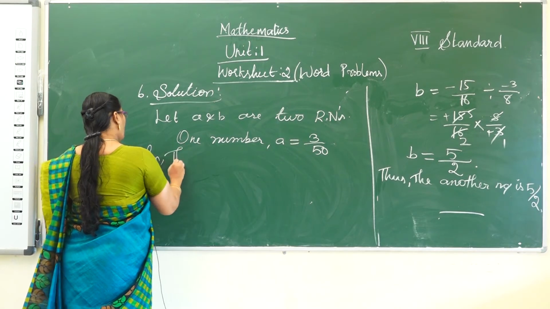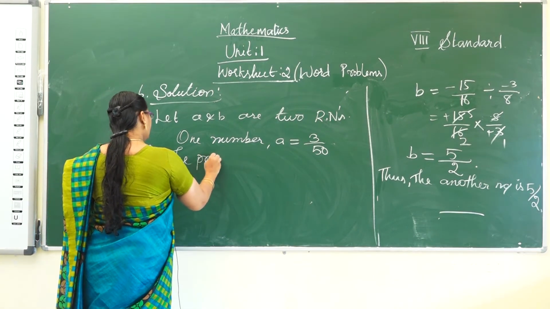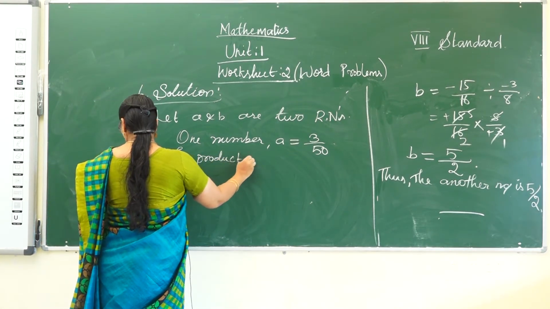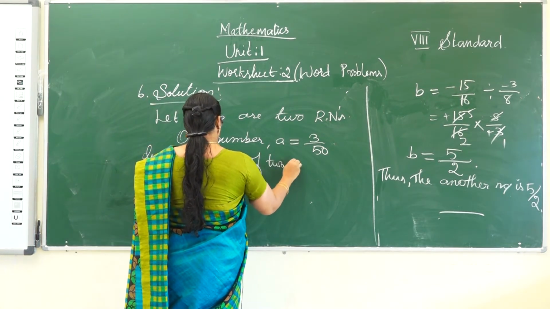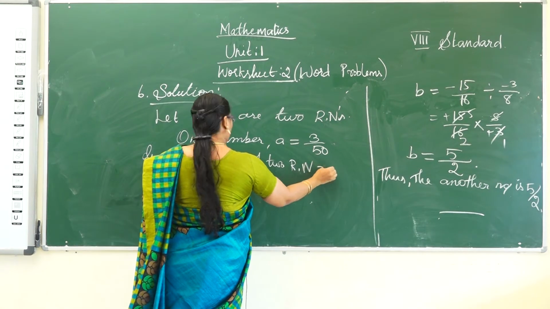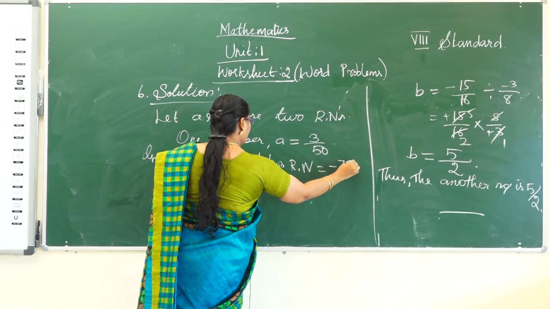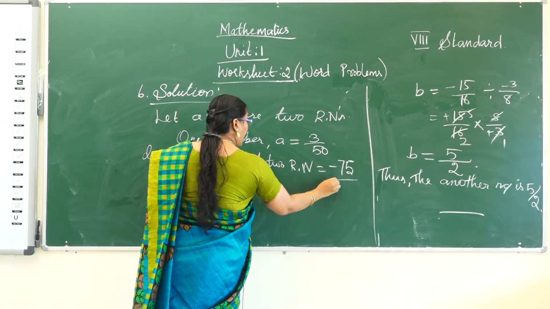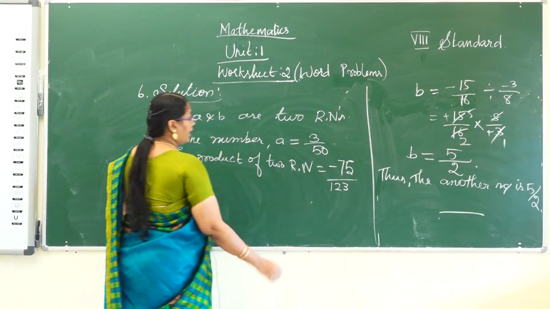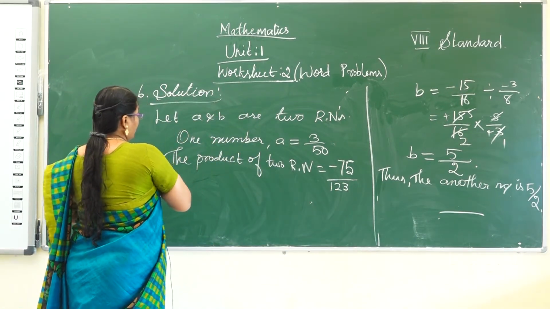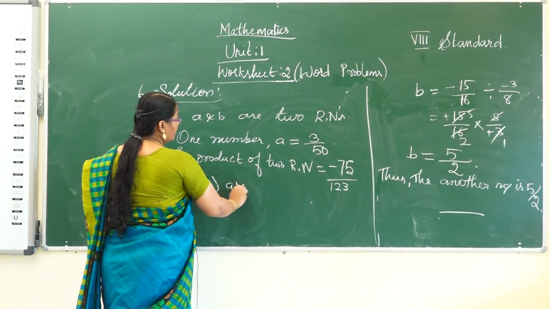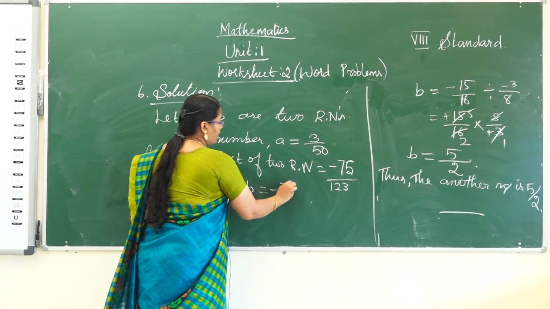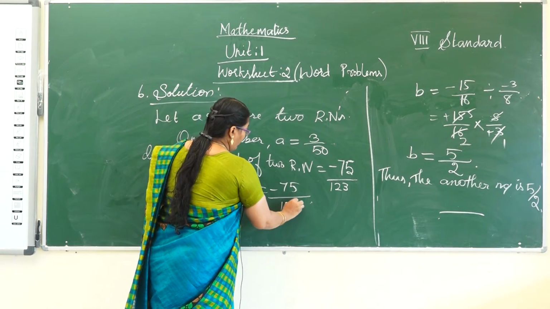The product of two rational numbers is equal to minus 75 by 123. So the product, that is A into B, is equal to minus 75 by 123.